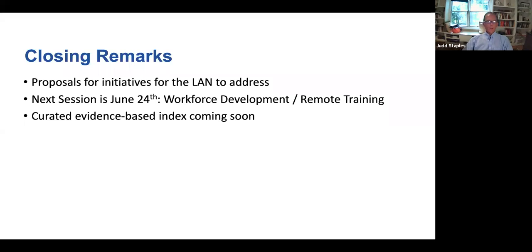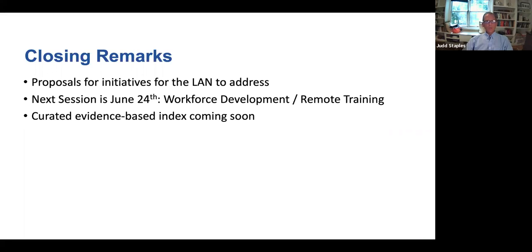The next session, that's actually July 8th, is on workforce development and remote training. I think that actually came up here. I think Jordan mentioned scaling your workforce in the context of COVID-19 to deploy more things.